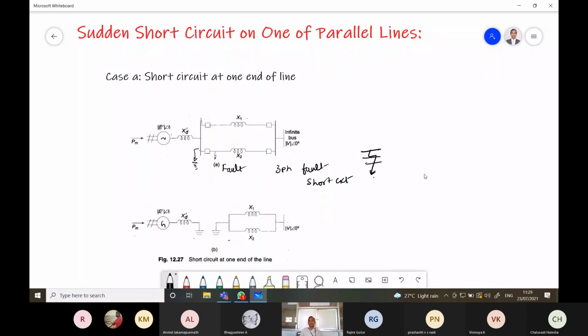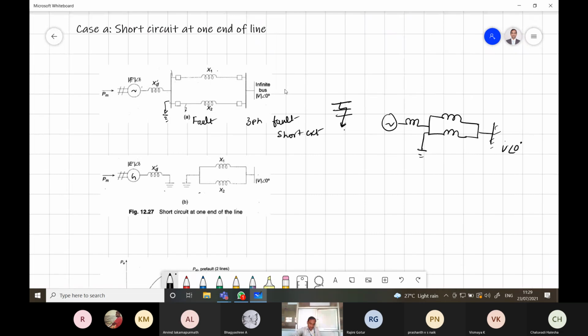Because both are the same, you can also write like this, connected to the infinite bus. Both are the same. Here ground is there, which means both are internally connected to ground. So now, in this case, what happens?